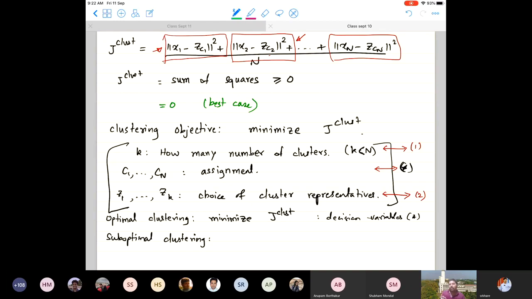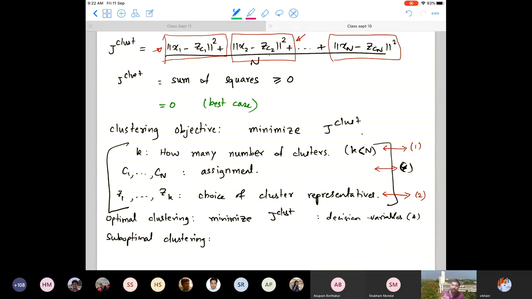What I'm really going to do is understand how this clustering objective behaves with respect to different types of decision variables. I have fixed K, I have made a choice of cluster representatives, and then I do this assignment. The next thing is I fix K, I fix the cluster assignment, and then I see what is the best choice for cluster representatives.